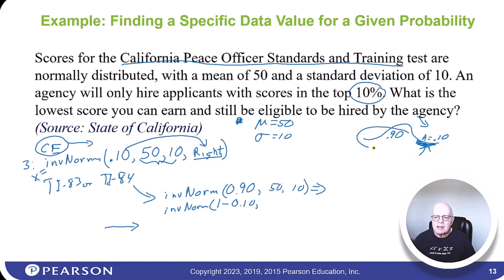We're talking about this one for the TI-83s and older 84s, and you still put in the 50 and the 10 because you want the actual value, not a z-score.